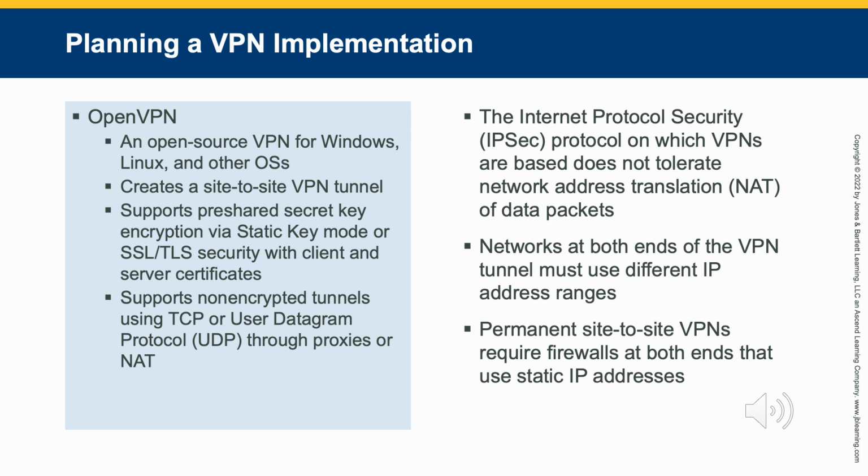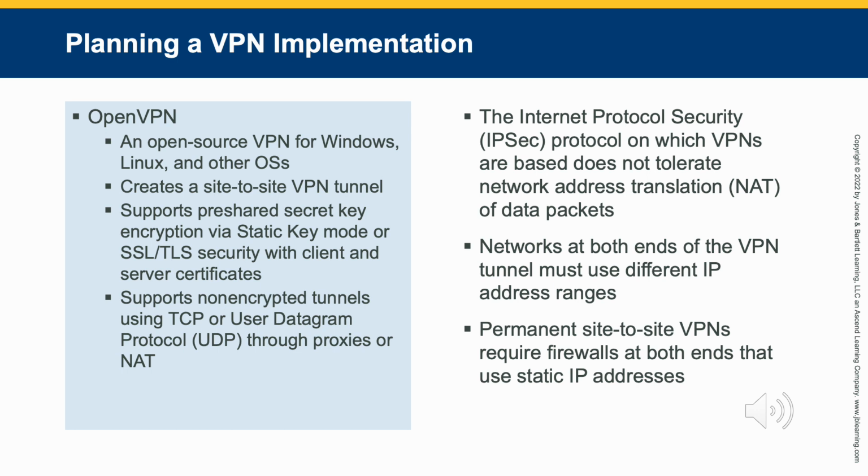Planning a VPN implementation. Here we have OpenVPN, which is an open source VPN for Windows, Linux, and other operating systems. It creates a site-to-site VPN tunnel, supports pre-shared secret key encryption via static key mode or SSL/TLS security with client and server certificates, and supports non-encrypted tunnels using TCP or UDP through proxies or NAT.